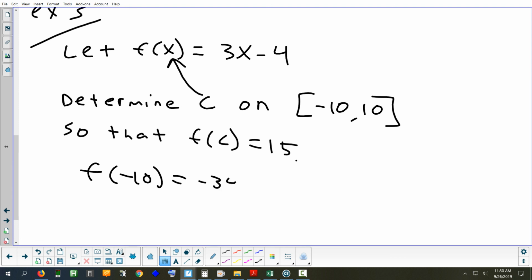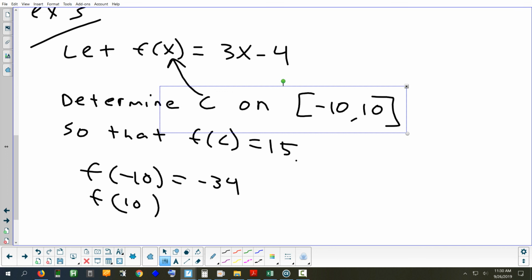-34. So on this graph, over this interval, because I know a line goes down forever, but I'm just saying on this interval, I'm starting at -34 on the y-axis. And I'm going up to, what's the highest y value that I'll ever hit from -10 to 10? 26.